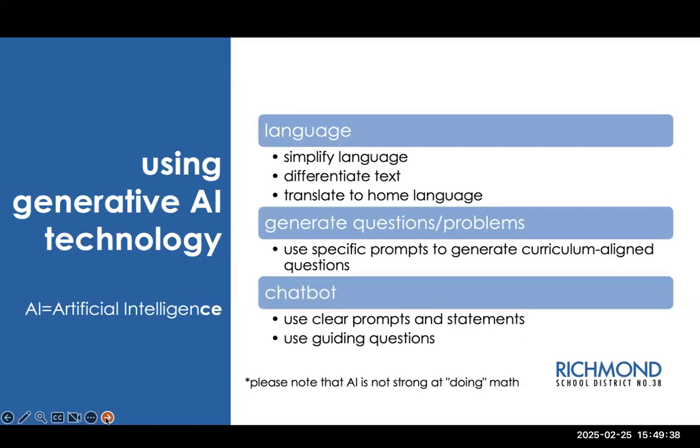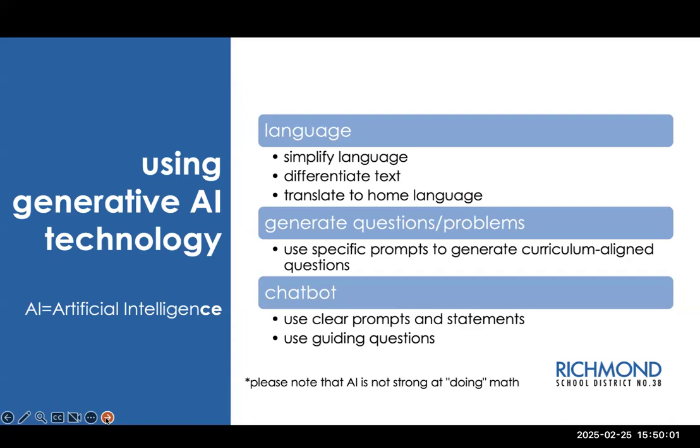A new initiative that is happening around technology in our district is the use of artificial intelligence, and really thinking about generative artificial intelligence technology. We currently have a pilot happening in our district, thinking about the benefits and some of the concerns and issues around using artificial intelligence and the different platforms or tools that we'll be using for that.